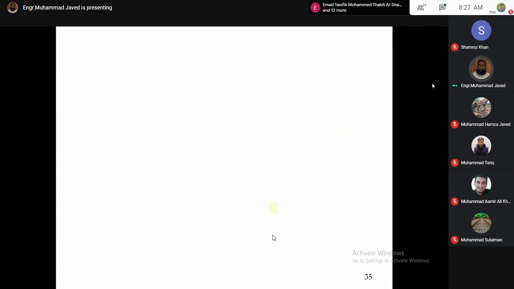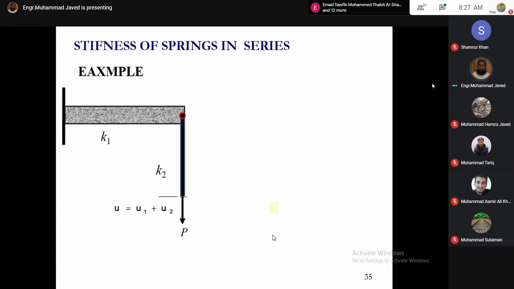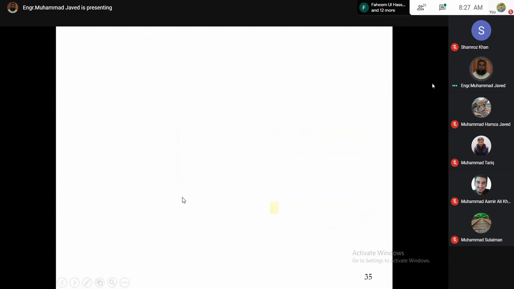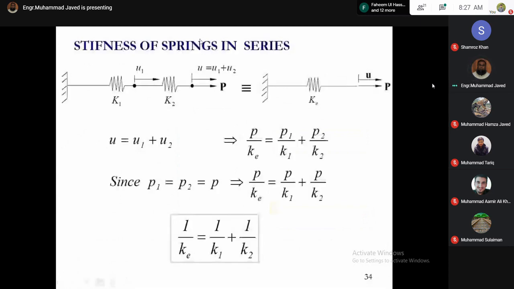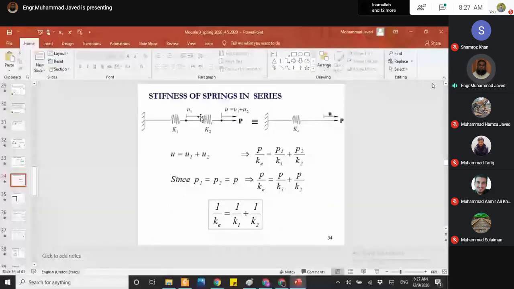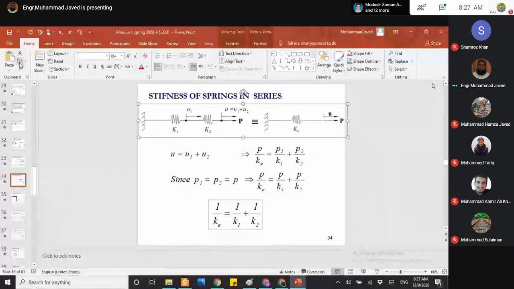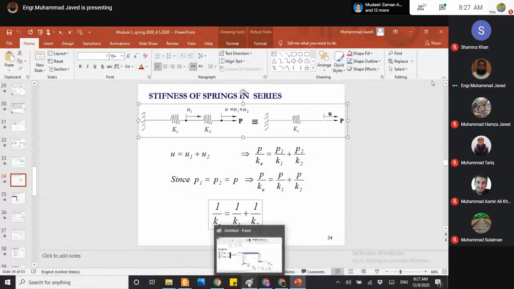Now its practical application. If here a cantilever beam is given and a rod is attached, in this case, okay, now in case when the springs are connected in parallel, the external force is distributed along all the springs.